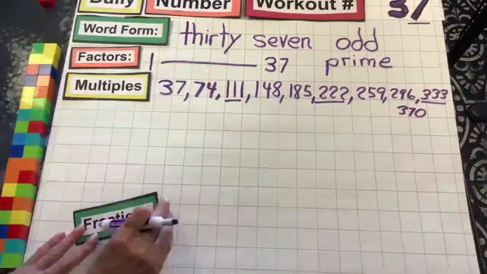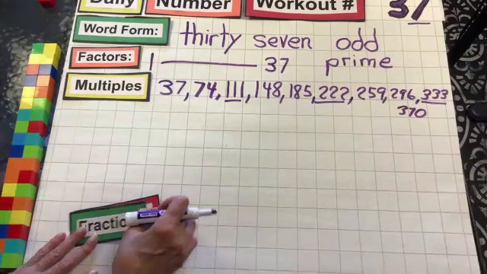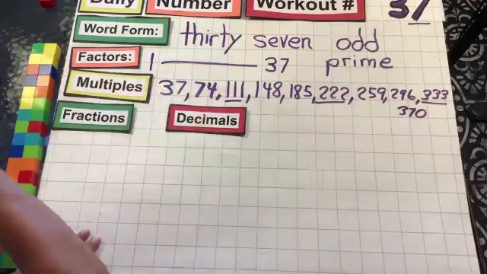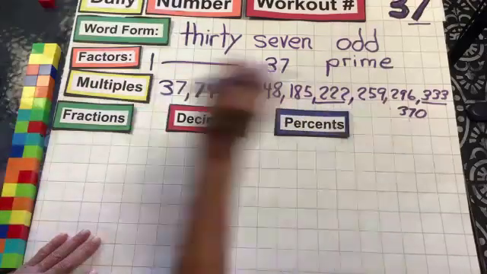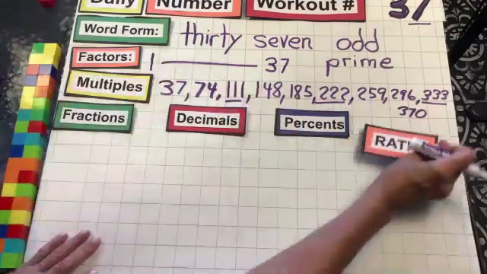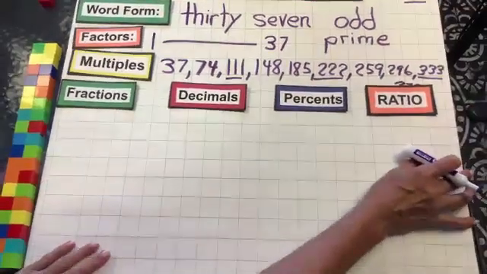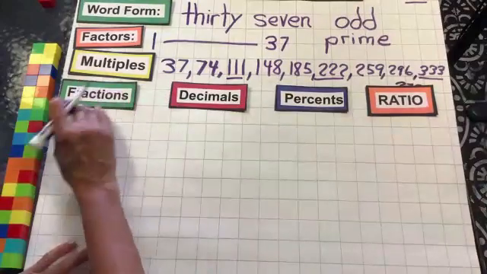Our next category is fractions, decimals, percents, and ratio. So when a number is prime, you're going to find you can't do a whole lot with it. So let's see here.